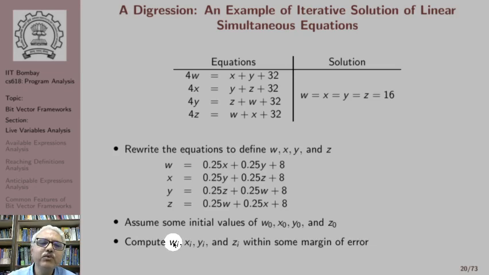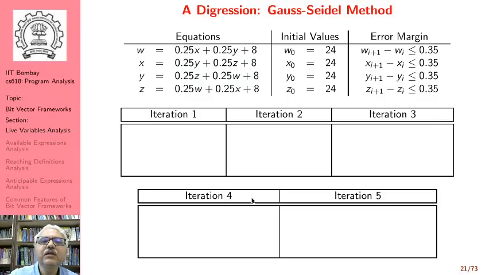So when we use the subscript i, it means that we are computing these values in the ith iteration. And within some margin of error, because we are dealing with real numbers, we may not get the exact value. So we need to define the margin of error. Here, let's assume that we begin with our initial assumption that all values are 24.